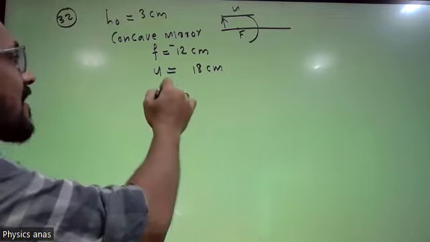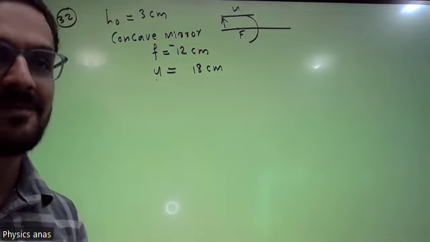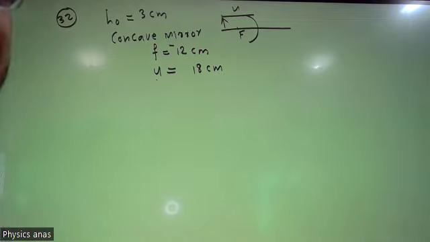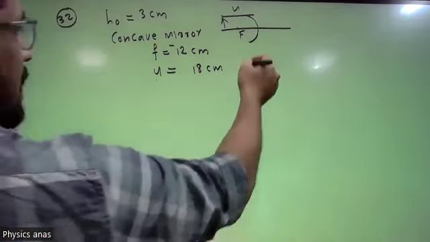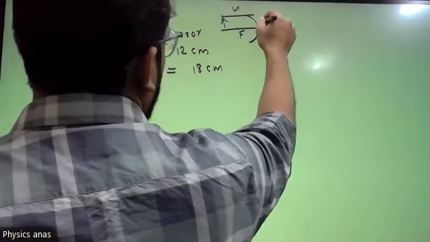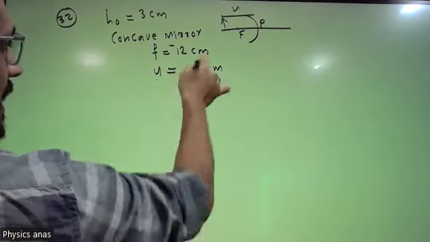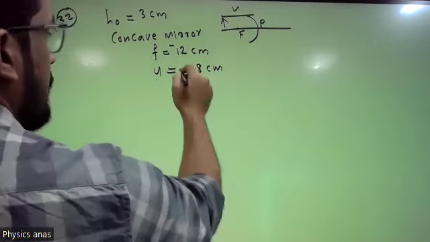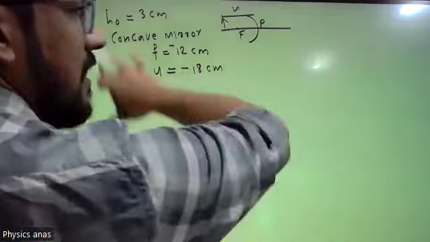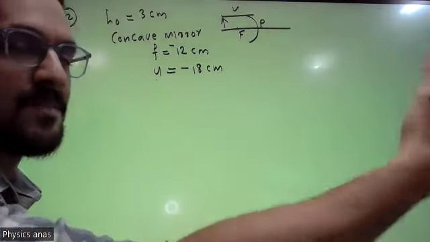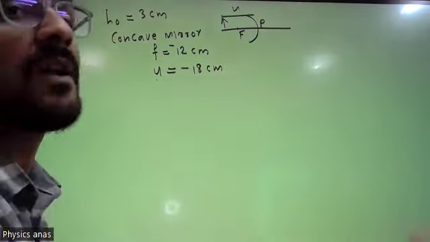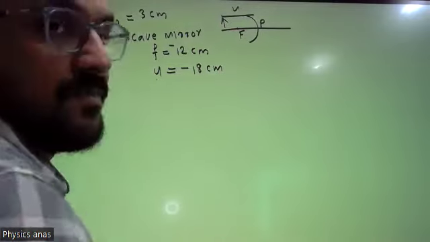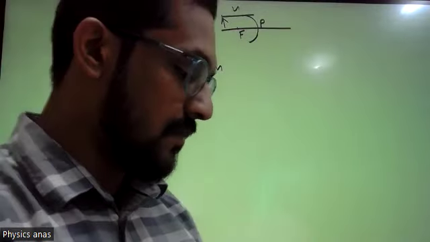We are talking about the distance of the object, from the pole to the object. It is measured to the left, in the direction opposite to the direction of light. That will be negative. So u is also given.